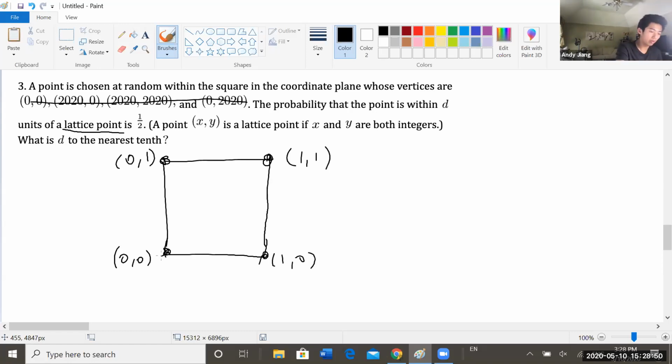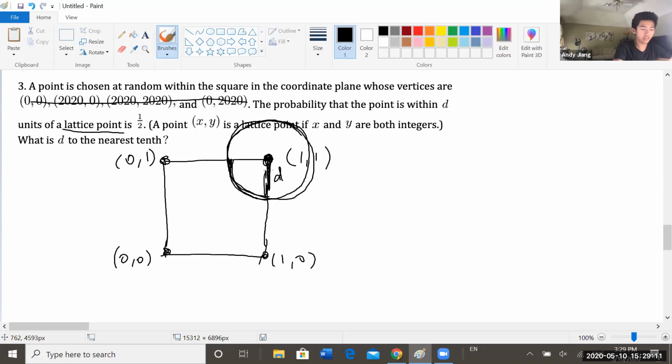The probability that the point is within d units. So if a point is within d units, for example, of 1, 1, then it's within this circle, right? And the radius of the circle would be d.